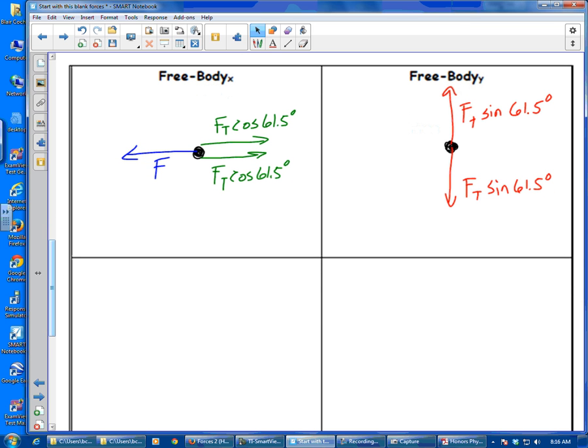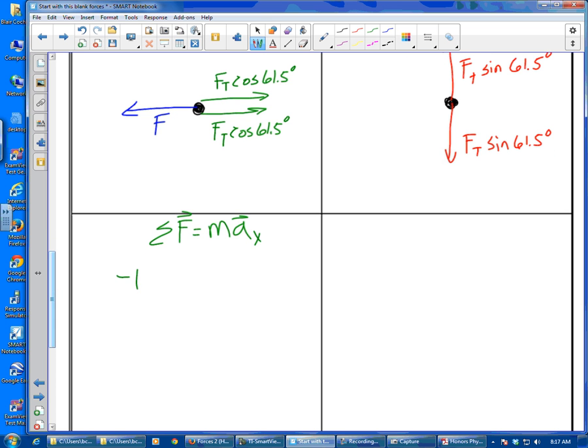So here on the horizontal, I'm going to set up my equation with my one equation. And I have three forces. You guys want to call to the right positive? Okay. So we'd have negative F plus F_t cosine 61.5 degrees plus F_t cosine 61.5 degrees equals m a, and we're not moving, so we're not accelerating, so we have 0 over there.